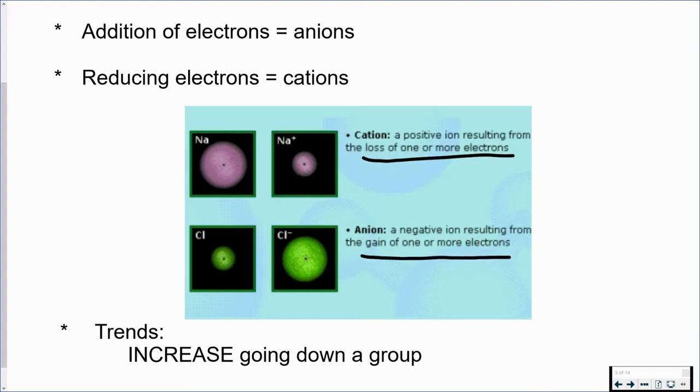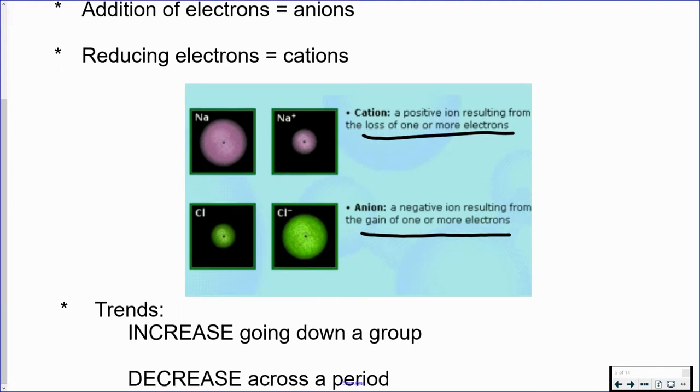An anion gains one or more electrons, so if you have more electrons than protons, you can't really keep them as close. So it balloons up, as you can see here. This trend is very similar.